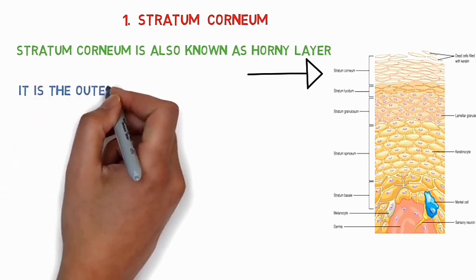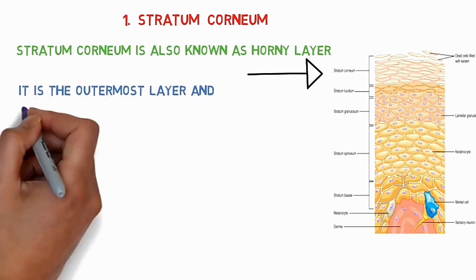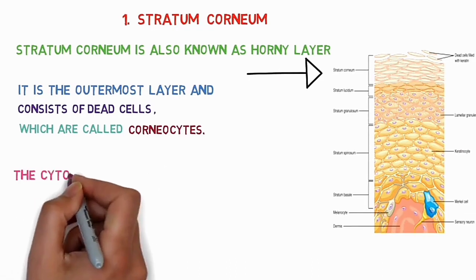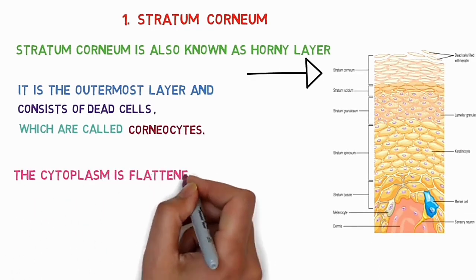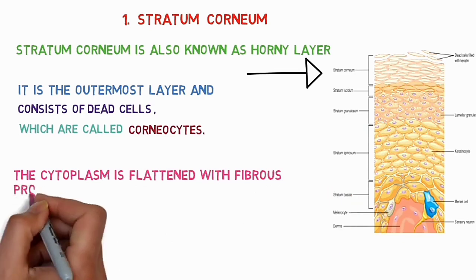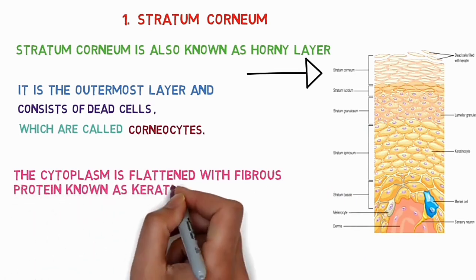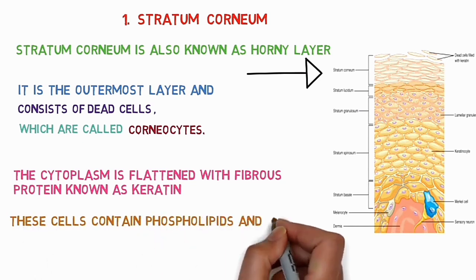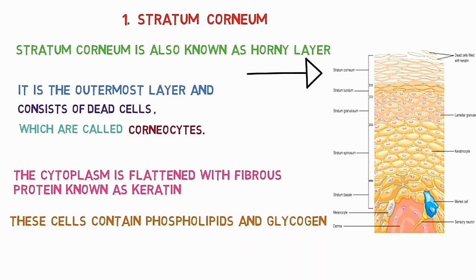It is the outermost layer and consists of dead cells, which are called corneocytes. The cytoplasm is flattened with a fibrous protein known as keratin. These cells contain phospholipids and glycogen.